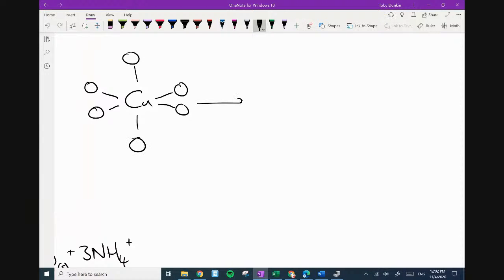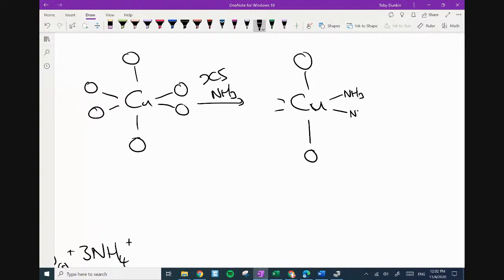When you reacted it with excess or conc ammonia, you got a really bizarre outcome. The waters on top and bottom were left and the ammonias subbed in around the middle. It was a very unusual one. The waters are left, the same as before, and this was our dark blue solution.